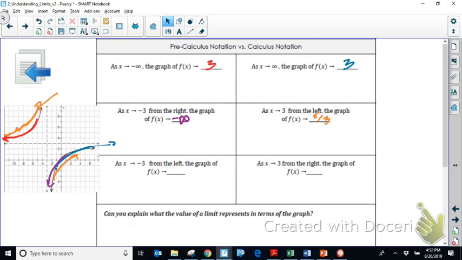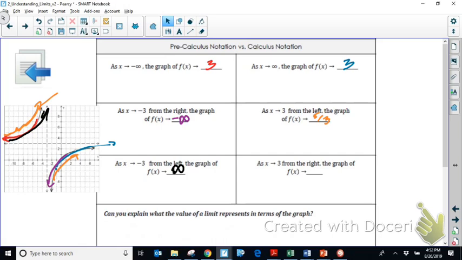Okay, moving on to the bottom row, as x approaches negative 3 from the left, what happens to the graph? Well, you can see as x goes towards negative 3 from the left-hand side, the function is bending up, going towards positive infinity.